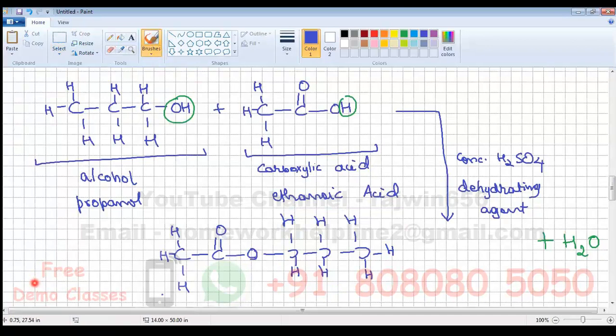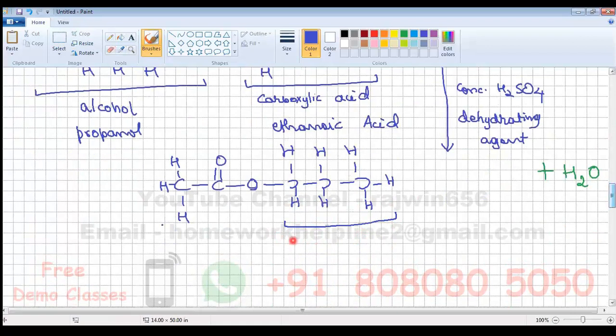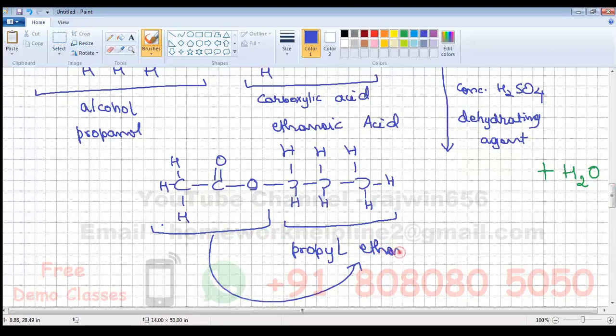This part which is there is propyl, and this part which is there is ethanoate. So you made it ulta.